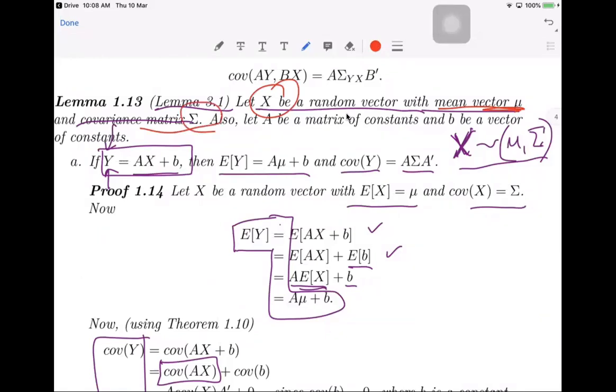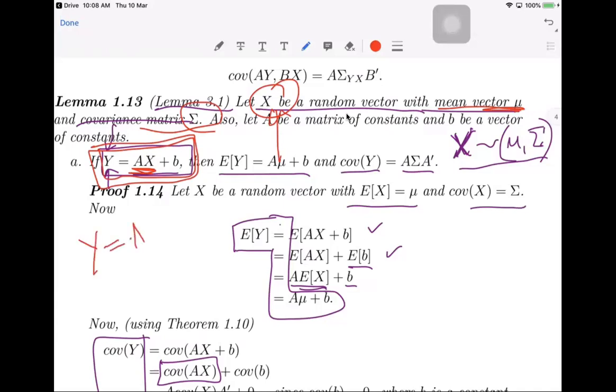So any operation or transformation here should be conformable. When we multiply AX, A and X must be conformable. And whatever is the result, that will be the dimension of Y.